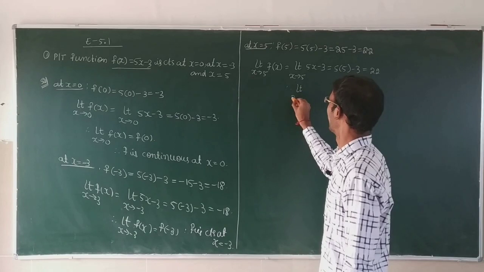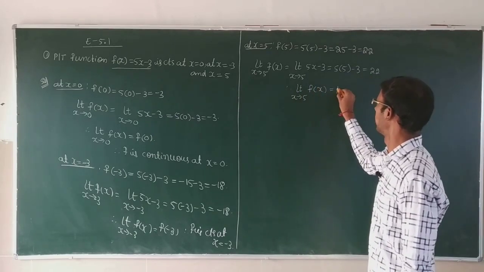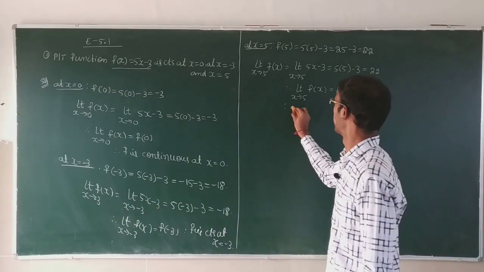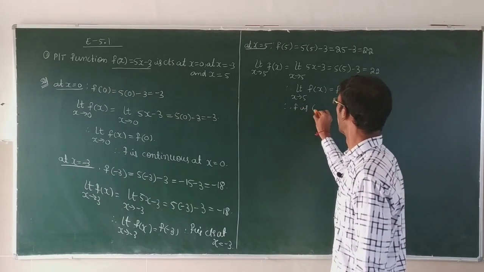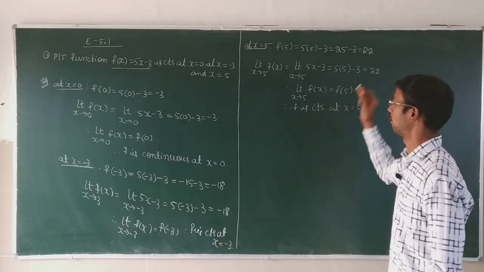Therefore, limit x tends to 5 of f of x is equal to f of 5. Therefore, f is continuous at x is equal to 5.